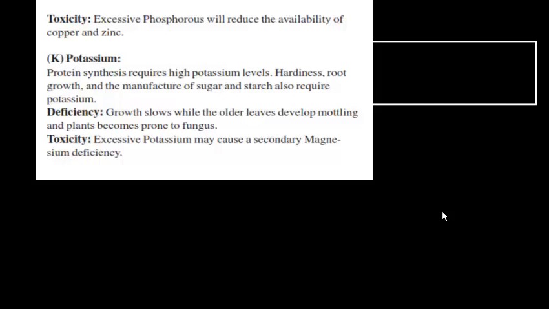And what will happen if there is a deficiency of potassium? Very slow growth of the plants. You will see the new leaves are growing well, but older leaves are dying. It develops some kind of condition like mottling, and they are prone to fungal attack.